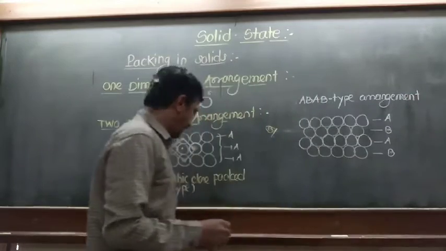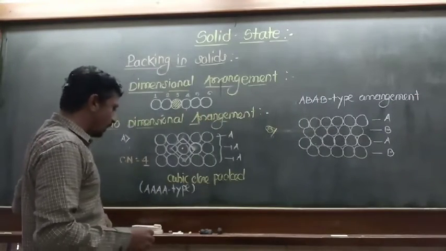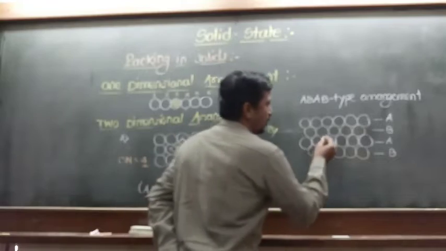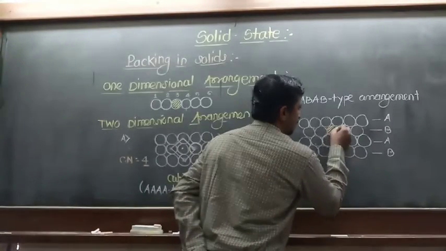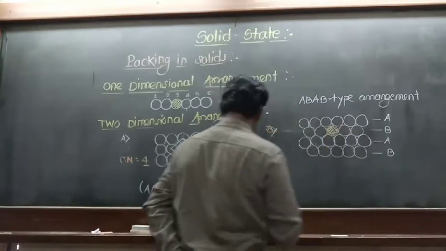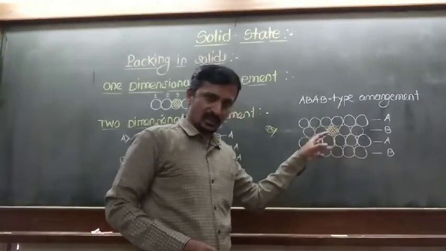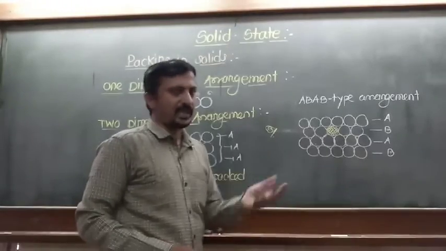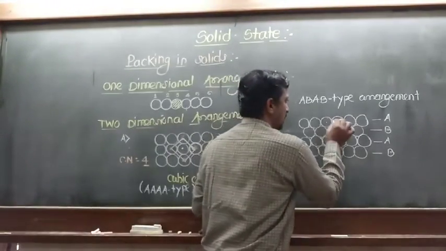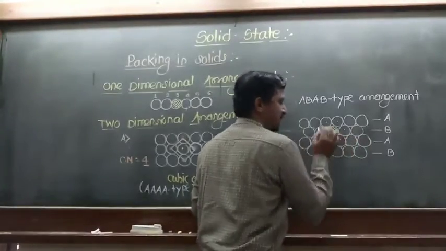In this ABAB type of arrangement, we have to consider the coordination number. Suppose we want the coordination number of this central atom. To find the coordination number, just check how many atoms are in direct contact with this darkened yellow atom. Just count: 1, 2, 3, 4, 5 and 6, isn't it?